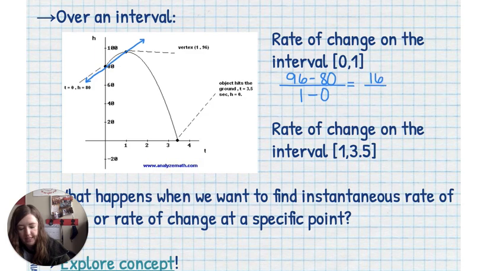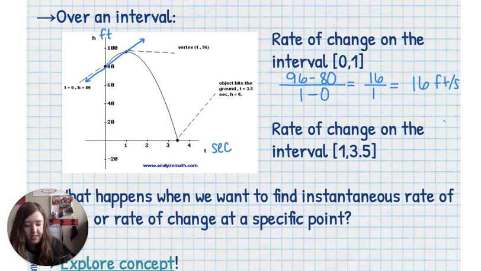So we'll get 16 over 1, or just 16. And it doesn't tell me what the time is, so let's pretend this is seconds, and let's pretend this is feet. So that will be 16 feet per second.